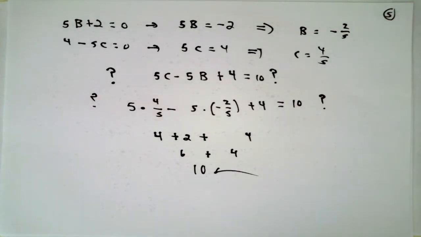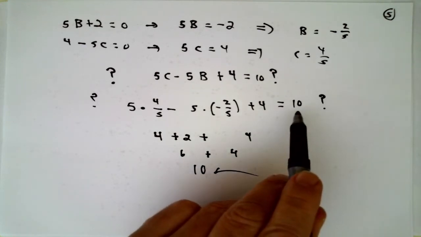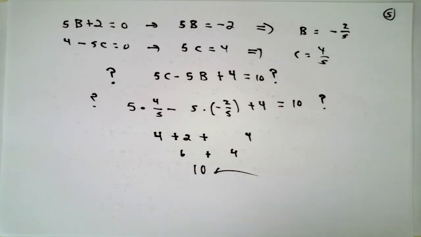But if I take the values for b and c and put them into this questionable equation, it turns out that the left-hand side does, in fact, simplify down to 10. So all 3 of these equations are true, and we have figured out a decomposition.